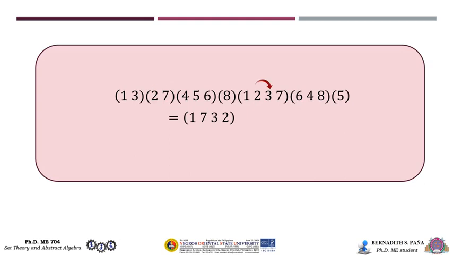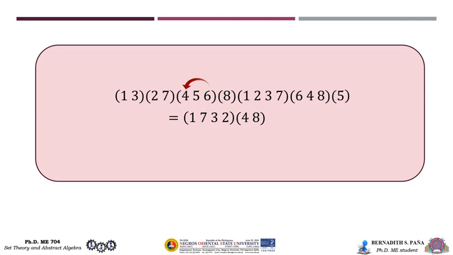Next, 2 maps to 3, then 3 here maps back to 1, so we can close the cycle. Next, let us have 4. So 4 maps to 8, and then 8 maps itself. Next, 8 maps to 6, and then 6 maps back to 4, so we can close the cycle.